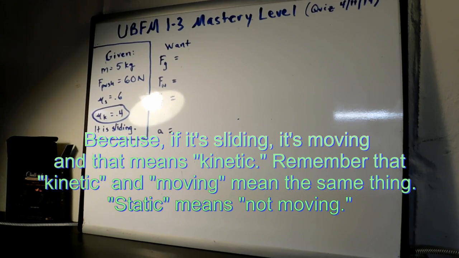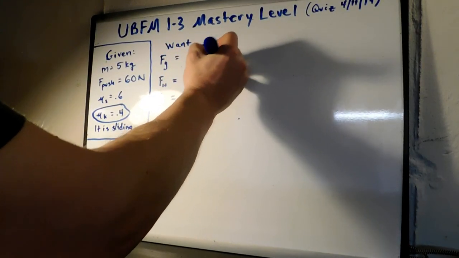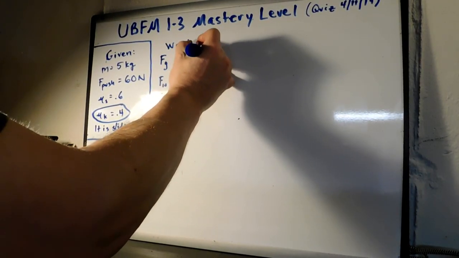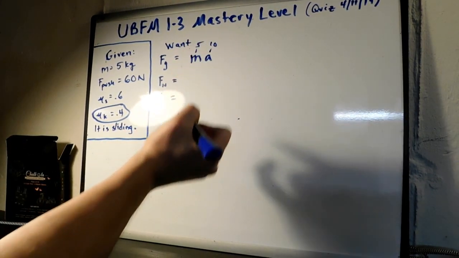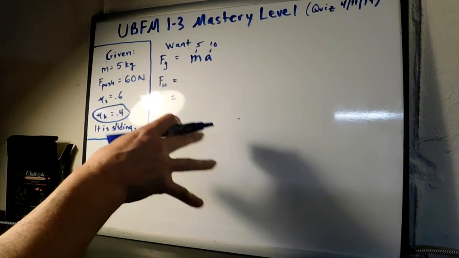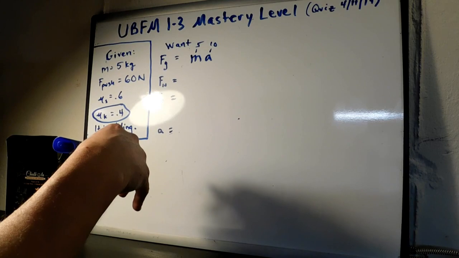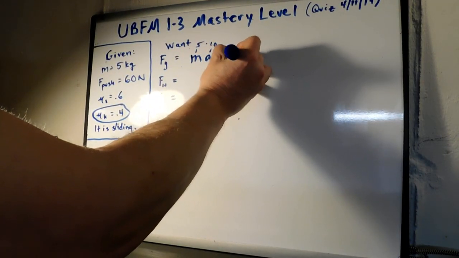Now the force of gravity. F equals ma, and the mass is 5. The acceleration due to gravity we're going to say is 10 meters per second squared. If you use 9.8 that's a little closer, but we're good with 10. 5 times 10 equals 50.